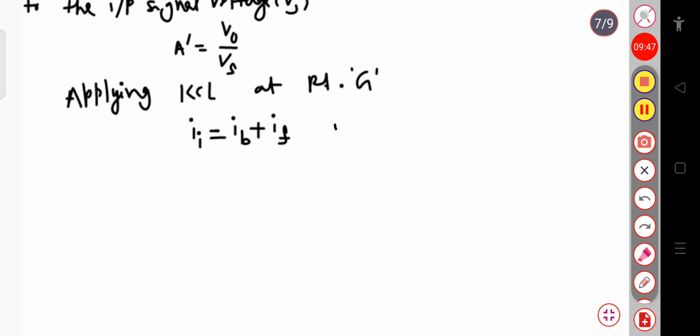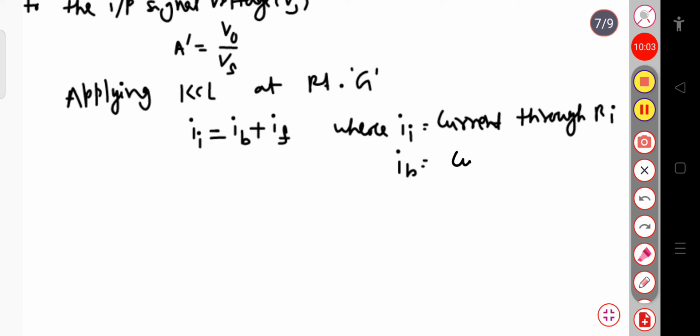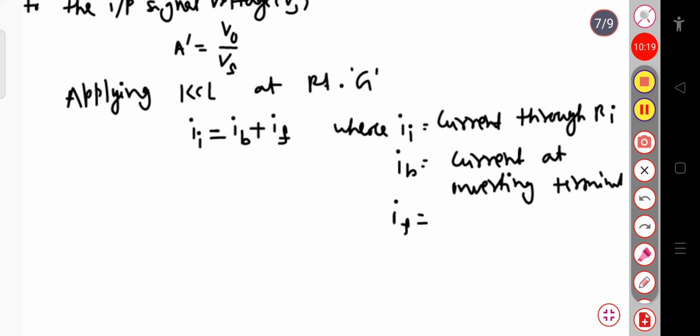Here II is equal to the current through RI, that is the input resistor, and IB is equal to the current at the inverting terminal, and IF is the current through the feedback resistor, simply the current through RF.